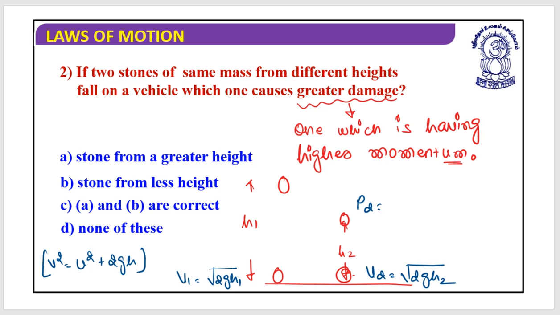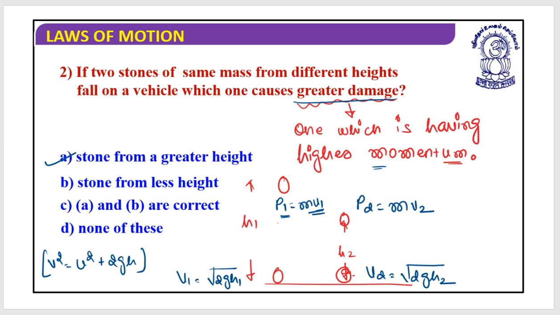So the momentum is m into v2, and here the momentum is m into v1. So the higher the velocity, the higher the momentum, and the higher the momentum, the higher the damage. So the correct answer is a stone from a greater height can cause greater damage. I hope those things are clear.